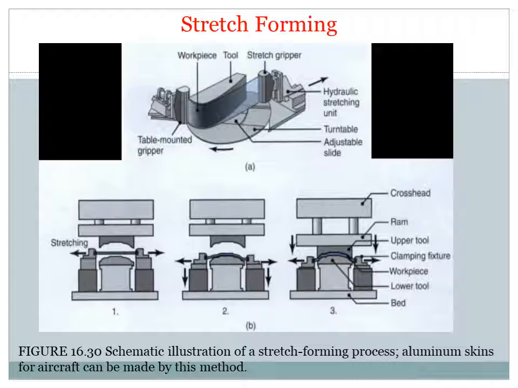In the first stage, the blank is stretched in both directions, and in that stretched condition, the clamps go down so that the blank sits properly on the bottom die, and in that condition the ram from the top comes down and the required shape is transferred onto the blank.